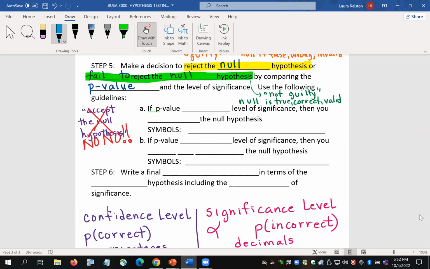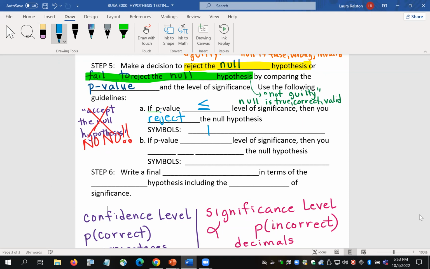The guidelines say, and these guidelines do not change, they're the same today, tomorrow, forever and ever. If the p-value is less than or equal to the level of significance, then you reject the null hypothesis.